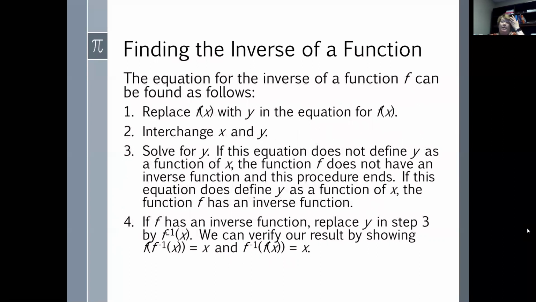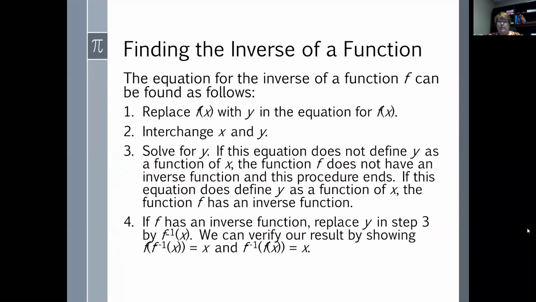Here is our step-by-step process for finding the inverse of a function. The equation for the inverse of a function f can be found as follows. First, replace f of x with y in the equation for f of x. Interchange x and y, and then solve that equation for y.